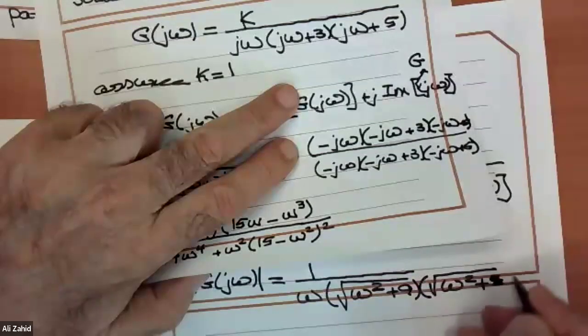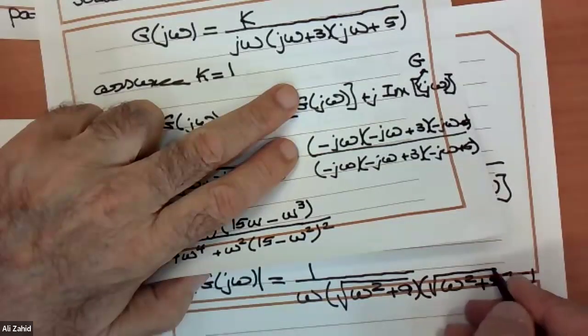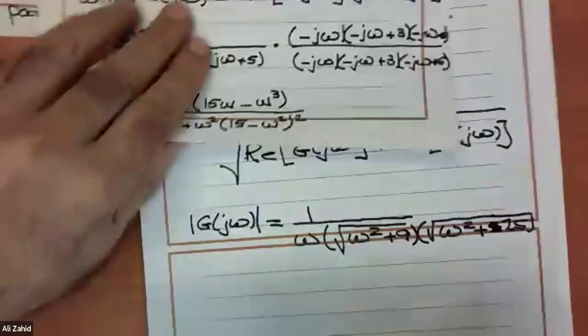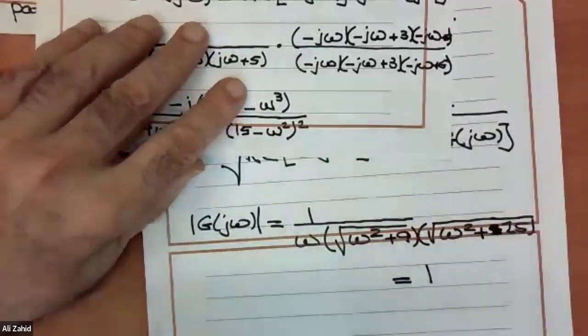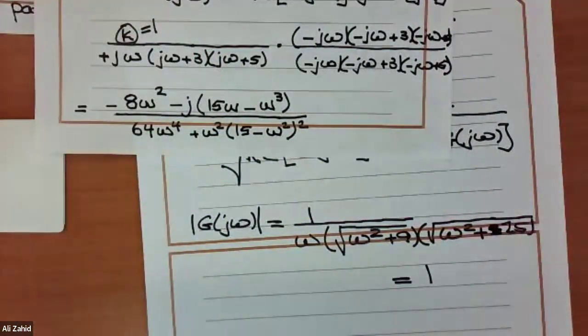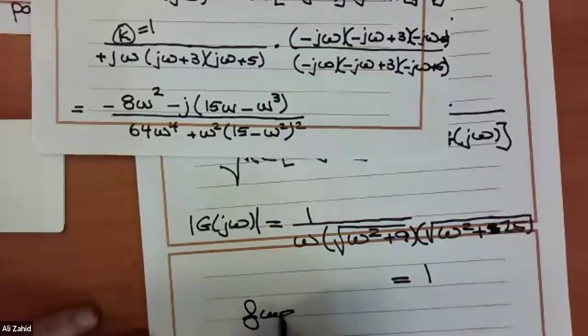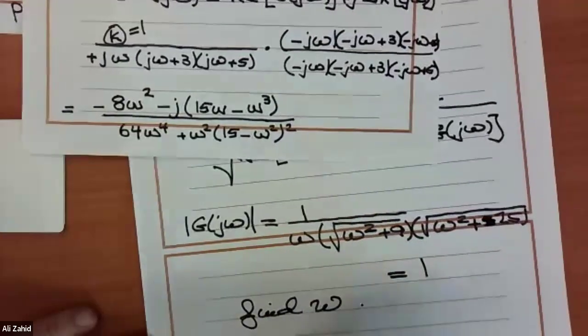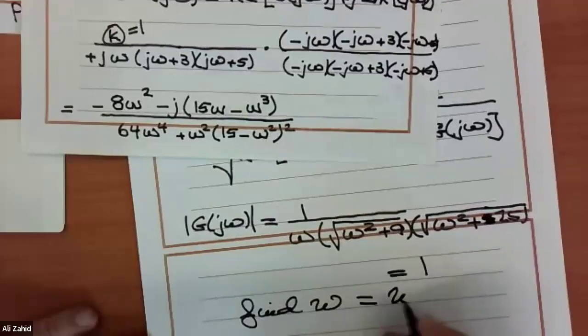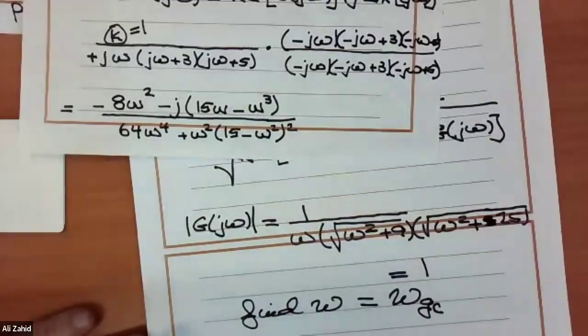Set this equal to 1 and find omega. This omega is omega GC. Did you get it?